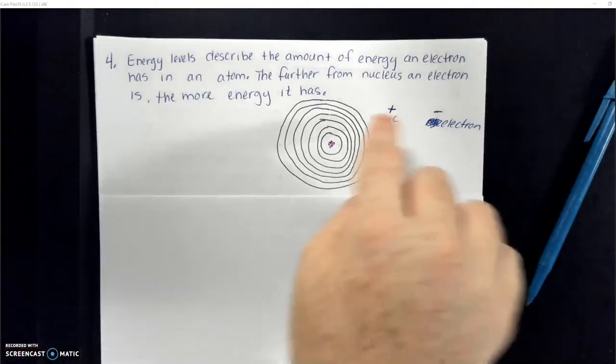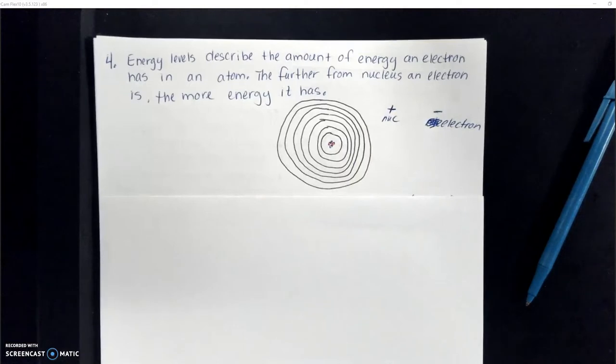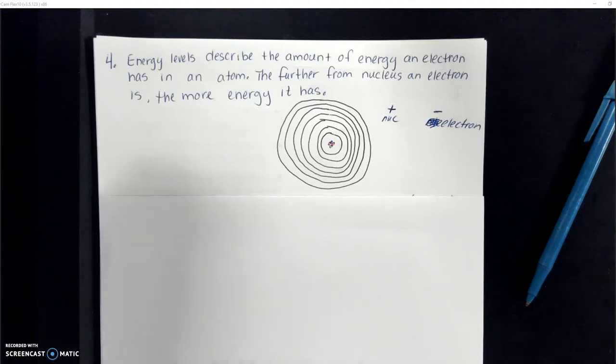And you guys know that opposites attract. Okay? So electrons are attracted to the nucleus. The closer it is to the nucleus, the happier it is. If you move it further away from the nucleus, it's going to have more energy. It does not like being far away from the nucleus because it's negatively charged. It wants to be very close to that positive nucleus.